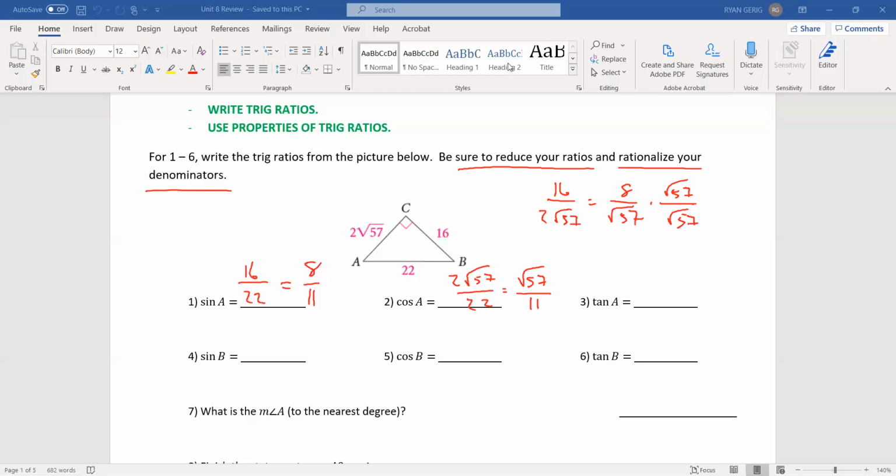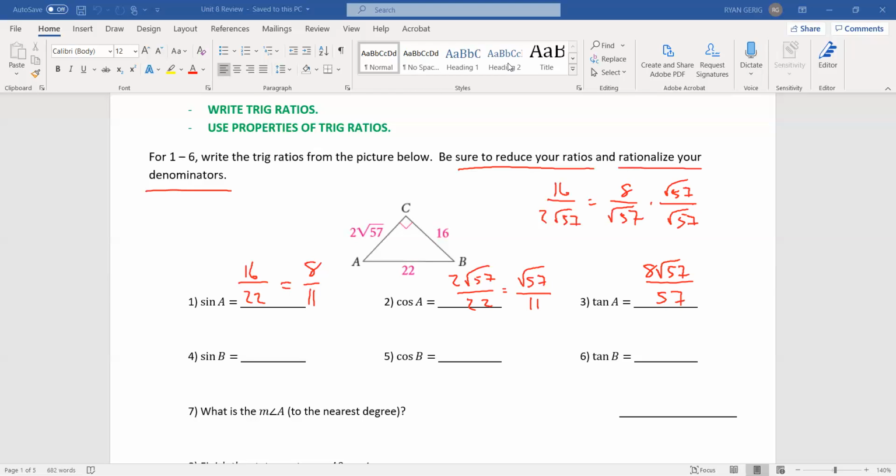What that does on the bottom is it makes 57 squared, and then the square root and the squared cancel, and I'm left with just 57 in the denominator. Numerator is just 8 radical 57. And the denominator is 57. Can't reduce that any further. 8 and 57 are good. So that one's done. Looks disgusting, but it's done.